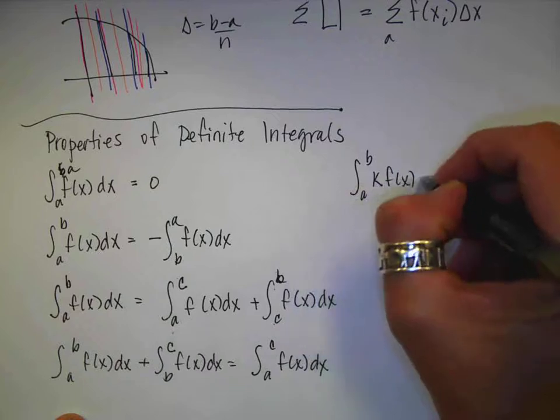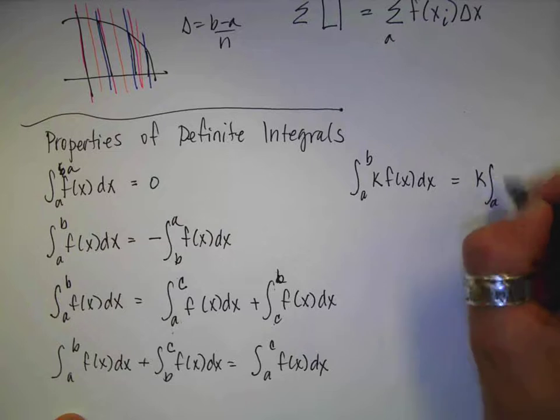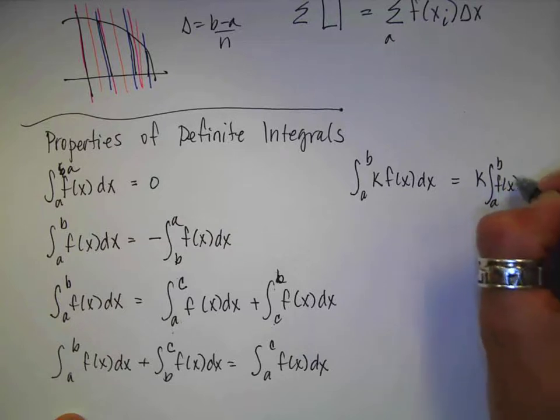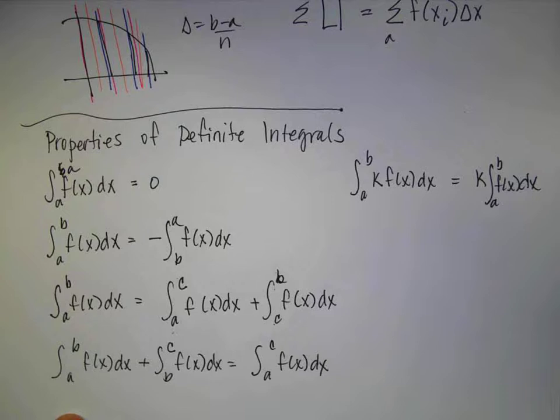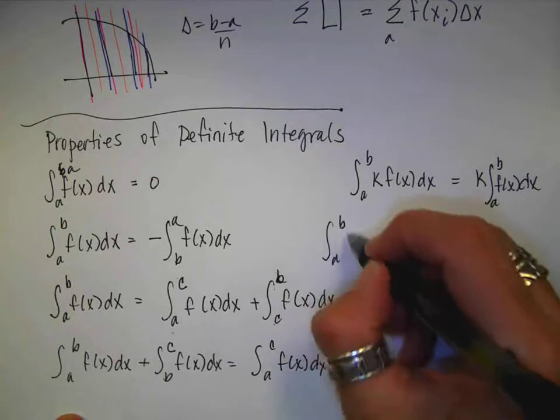All right? If I have an integral a to b of a constant times f of x dx, remember, I can yank that little constant out front, a to b, and then I can have my f of x dx on the inside.